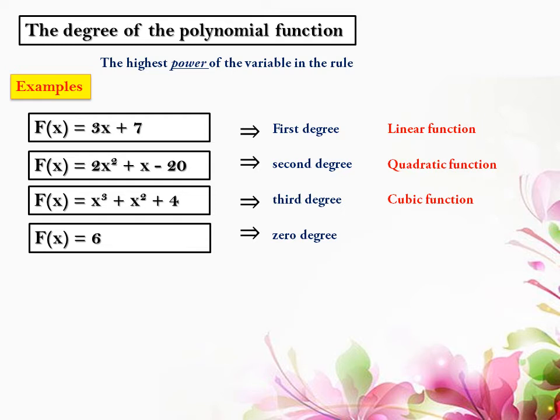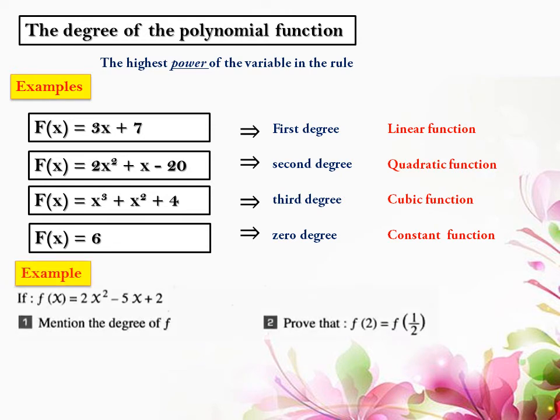And this function is called constant function, a function without any variable like this. First degree linear, second degree quadratic, third degree cubic, and 0 degree constant.